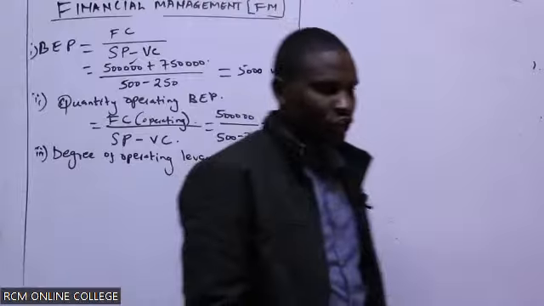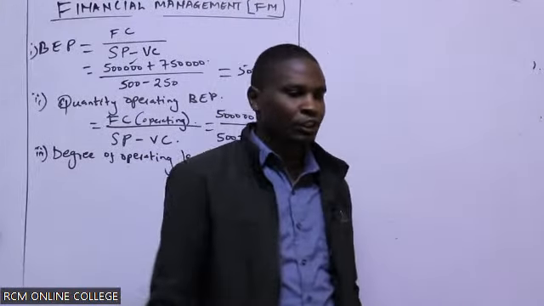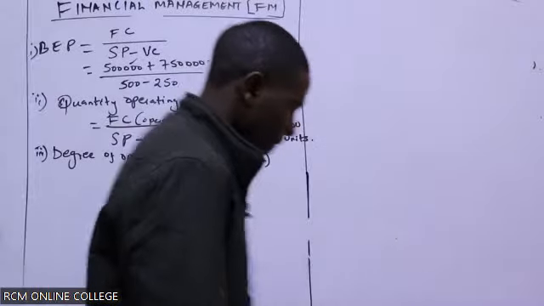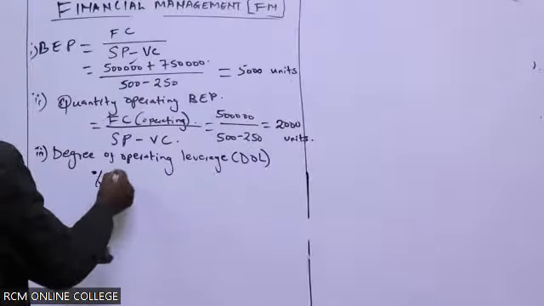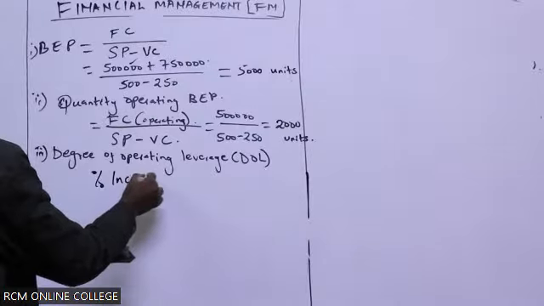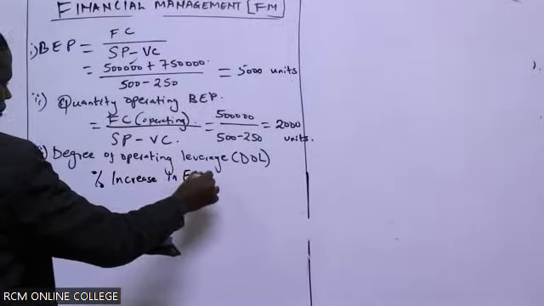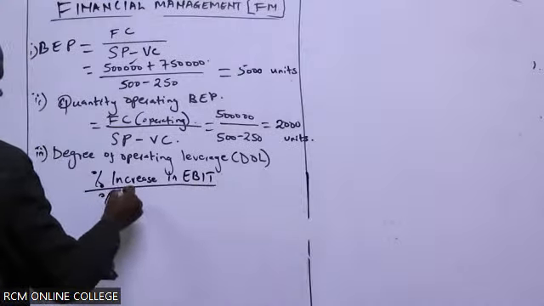A percentage change, tulisema, can be given by the percentage change or percentage increase in EBIT divided by percentage change, percentage increase in sales.